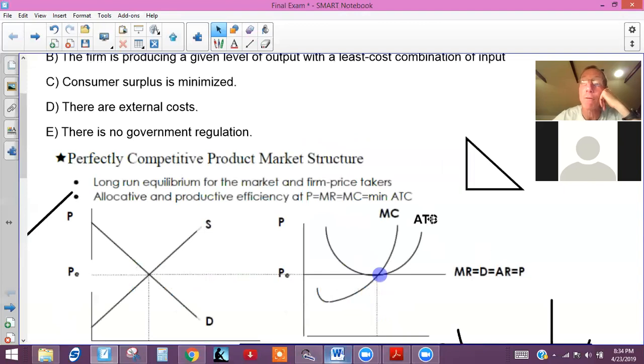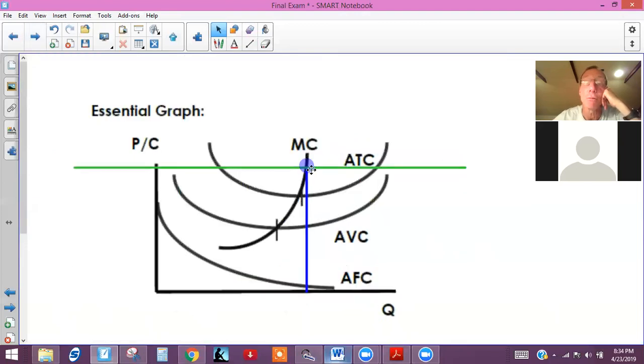If average total cost is equal to average revenue, they're going to make zero profit. If average revenue up here is above average cost, they're going to make positive economic profit. And the difference between average variable cost and average total cost is average fixed cost.